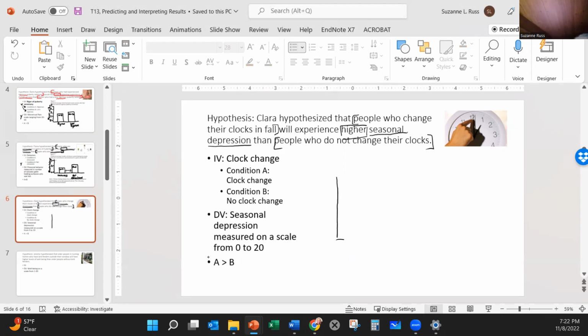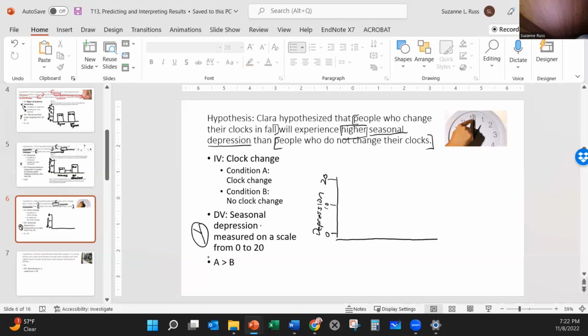So we know that on our y-axis, we have the dependent variable. And so let's put on here depression. I'm not going to write seasonal depression because that's too long and we can write it in the title. And our scale says 0 to 20. So let's put 0 to 20 with 10 in the middle.